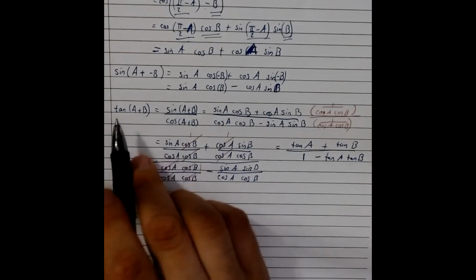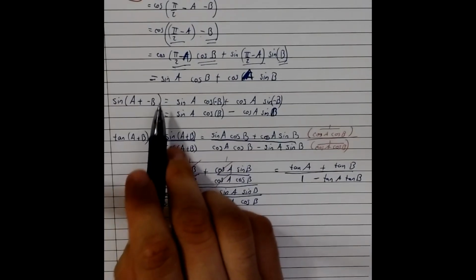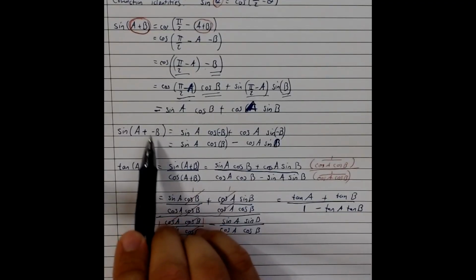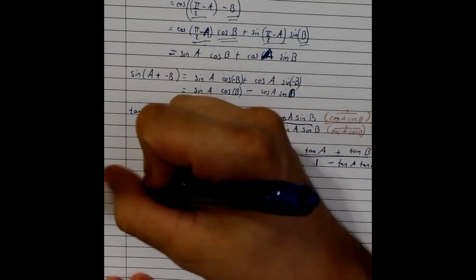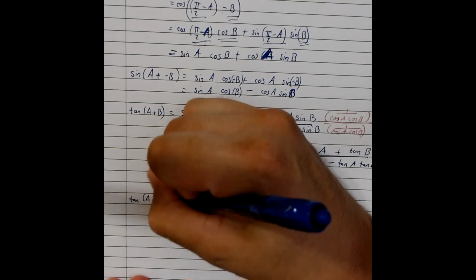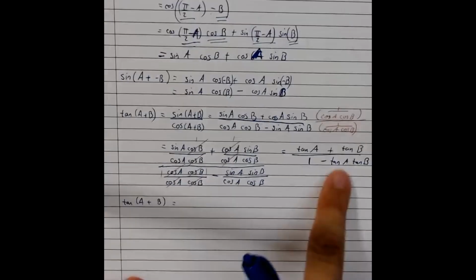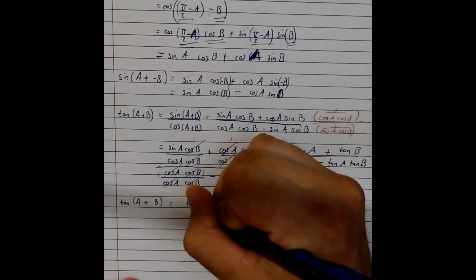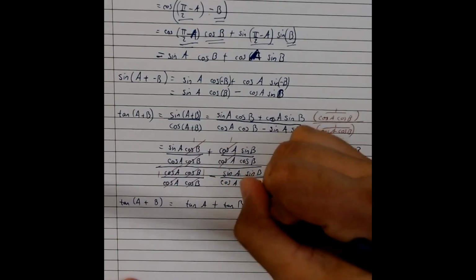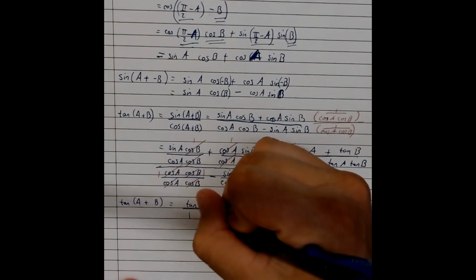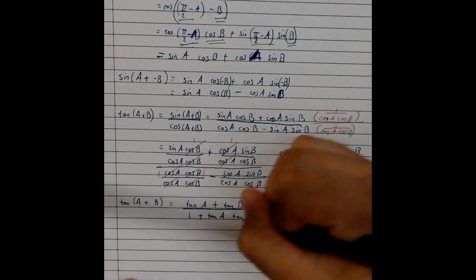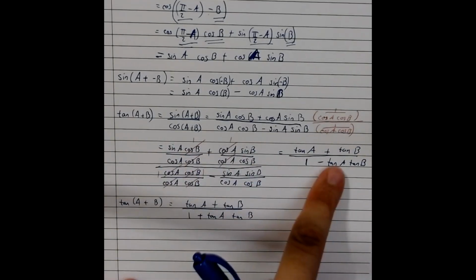And if we want to find the difference formula, we can simply pull the same trick that we did up here. Once we have a sum formula, you can substitute B with negative B, and let's see what happens. The tangent of A plus B is, after all, what we found was the tangent of A plus tangent of B over 1 plus tangent of A tangent of B. I've just rewritten this identity.